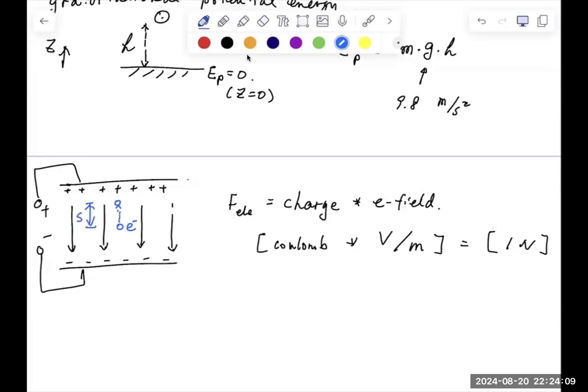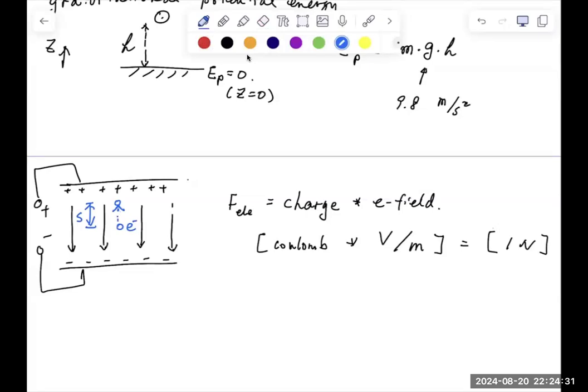The reason I have the arrow moving upwards is because the electron is negatively charged, so it's attracted by the positive charge. Therefore, it moves upward. You can always use another force to overcome the electrical force and to move the other direction as well.